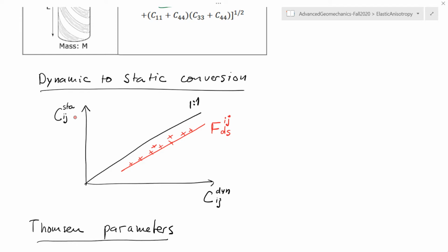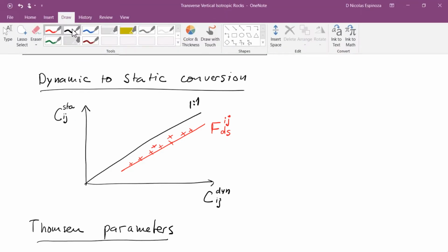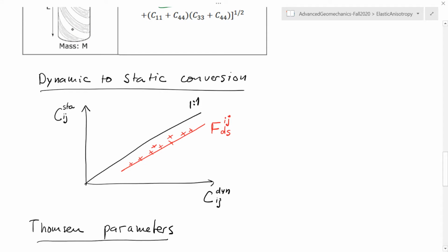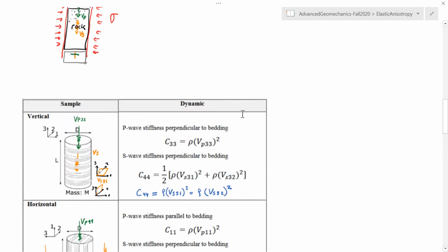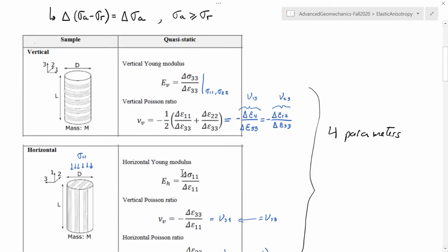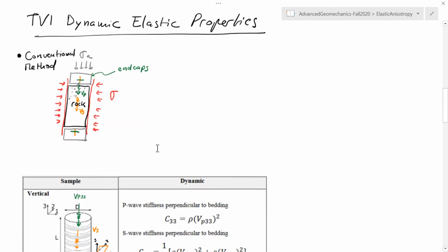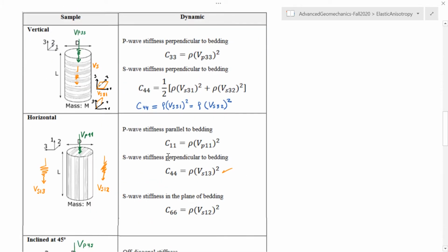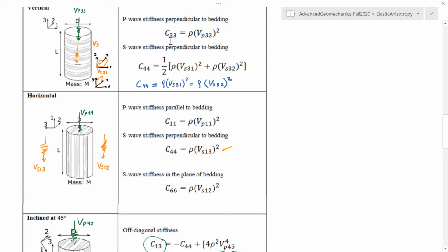One more thing to discuss over here is how we relate these Cij coefficients to the Young modulus and Poisson ratio coefficients. Notice that for the static part, we have worked with measuring Young moduli and Poisson ratios, but for the dynamic part, we have worked with measuring directly the stiffnesses of the stiffness matrix.